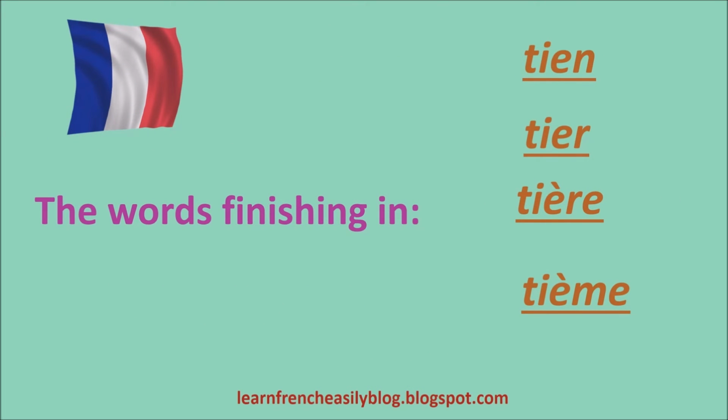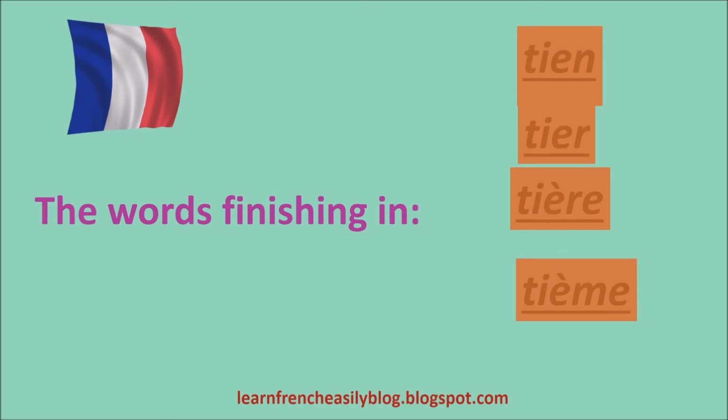And the last rule, but not the least, if a word has one of these endings listed here, then TI is pronounced TIE. The endings are TIEN, T-I-E-R, T-I-E with accent grave, R-E, T-I-E with accent grave, N-E.